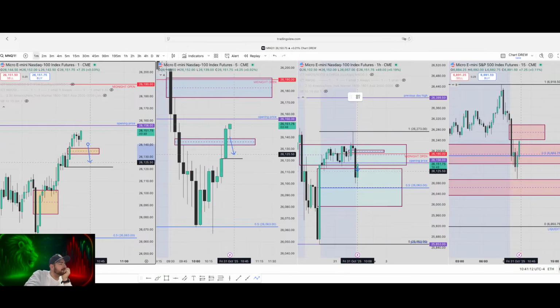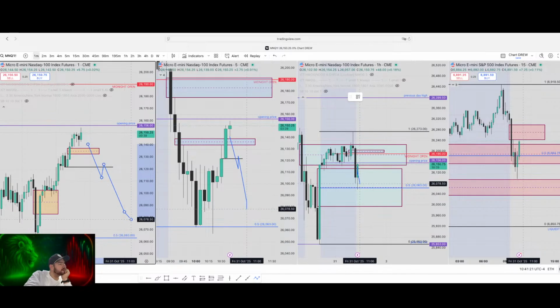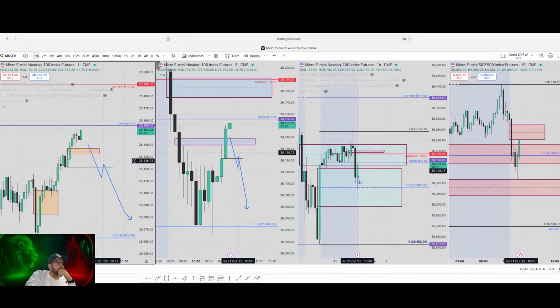What I'm looking at is for it to close below this, come down here, close below that, tap into this right here, go down. And that's what I'm looking for. This here.